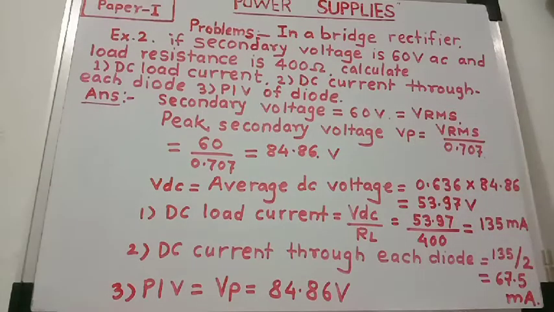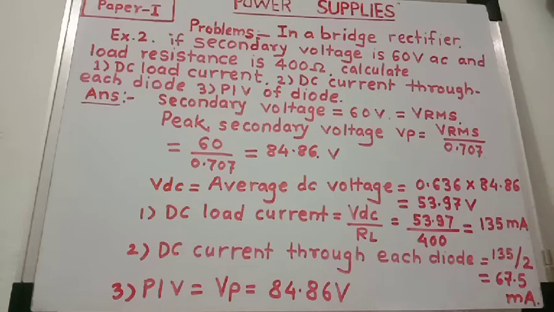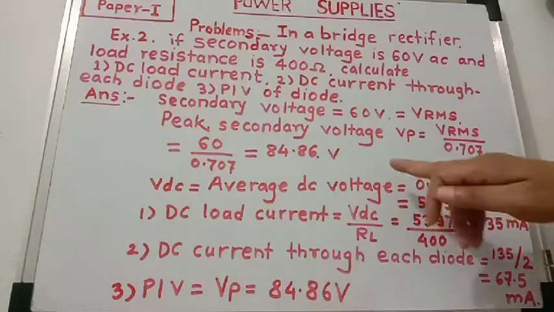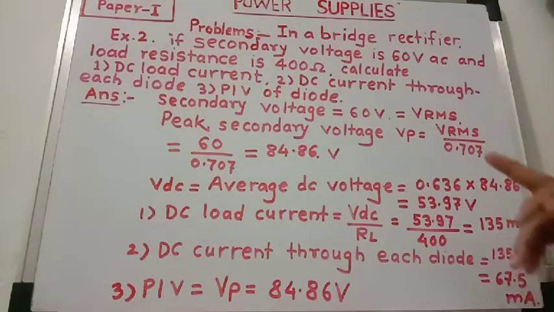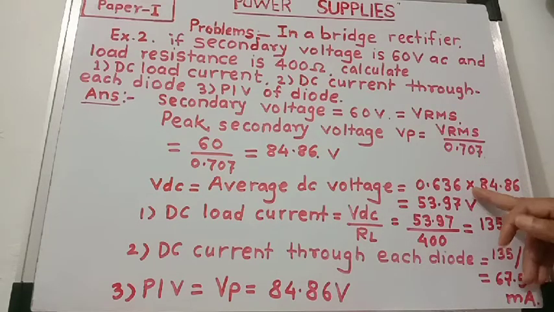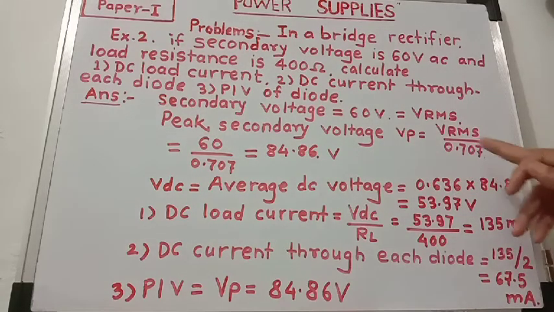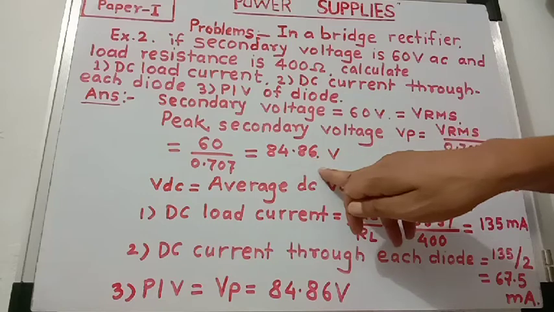Okay, now we have to calculate the DC output voltage, the average DC output. The average DC output voltage VDC is equal to 2 Vp upon pi, that is 0.636 into Vp, and Vp is 84.86.